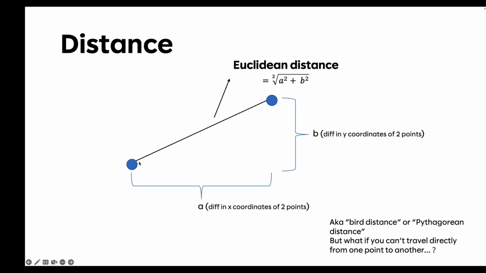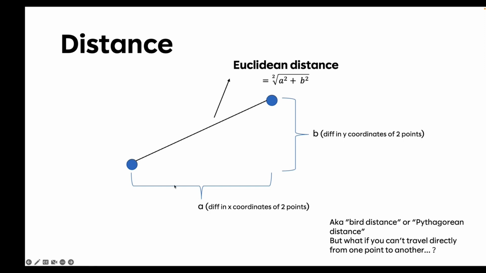So the way that we calculate that is we take the difference in the two x coordinates, and that would be the a, and then you take the difference in the two y coordinates, and that would be the b. You square those two, add them up, and take the square root. So that's like the Pythagorean theorem. You can call it Pythagorean distance or bird distance, or most commonly Euclidean distance, or actually we just call it distance because that's the one that we take for granted.